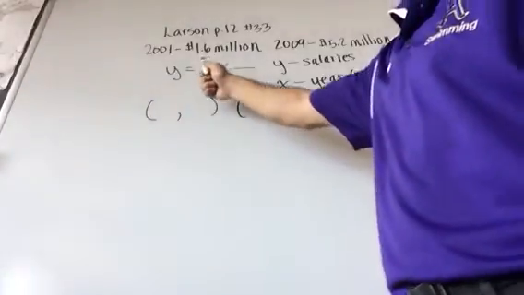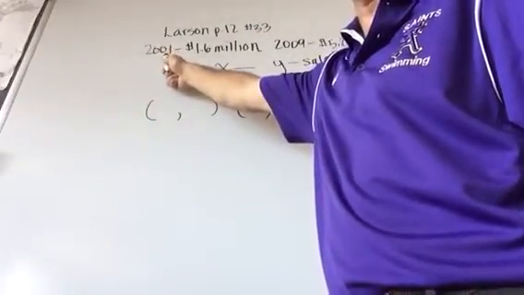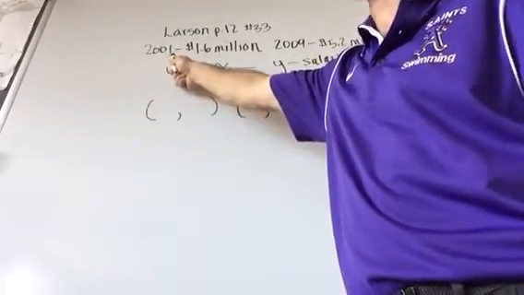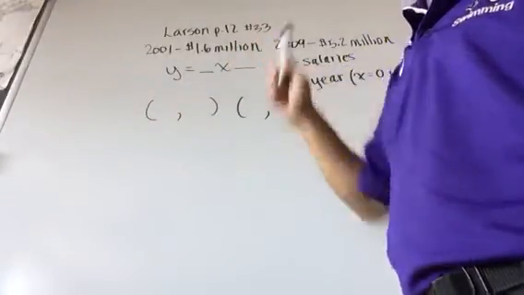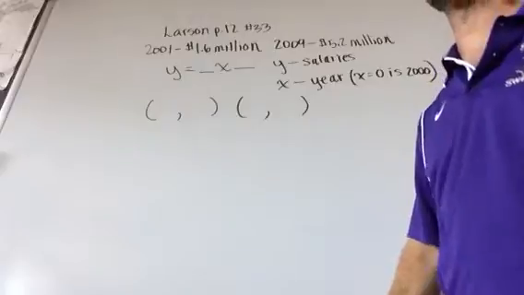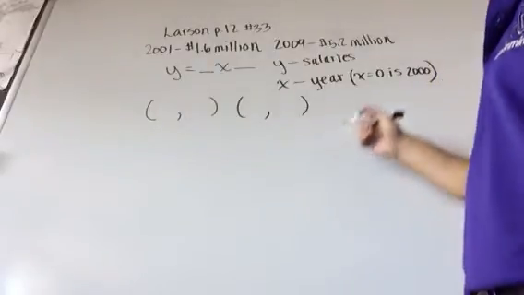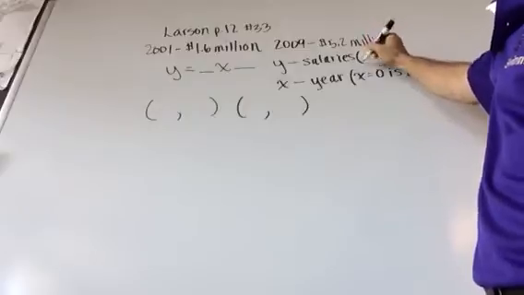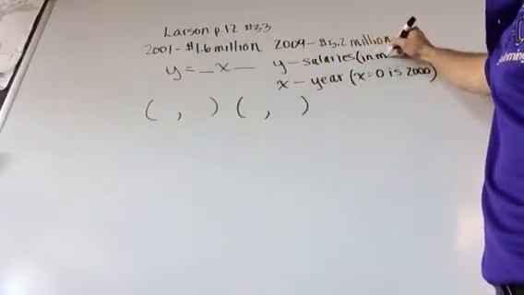So the 2 values that we have here are 2001, which we're going to call 1, as I said, and $1.6 million. This is another choice that we will typically make in this case. We're going to talk in millions of dollars. So I might even say here that y is the salary in millions.